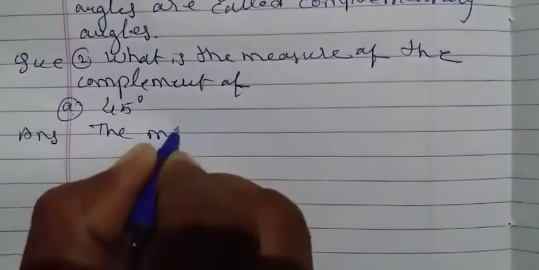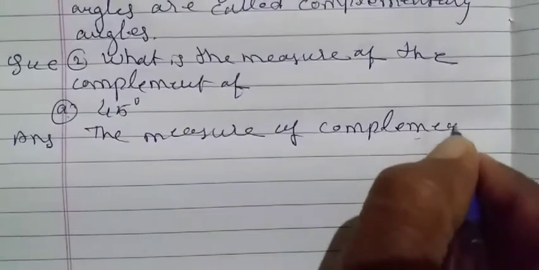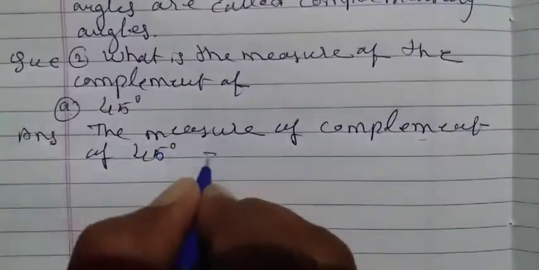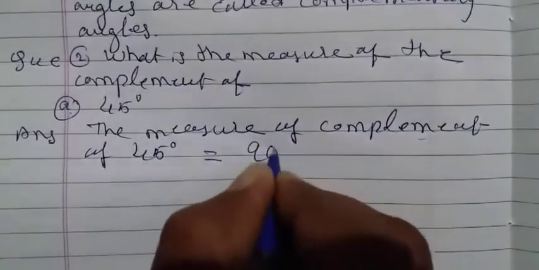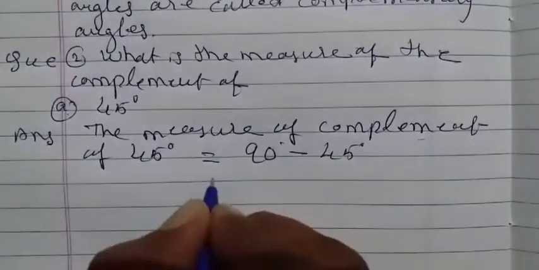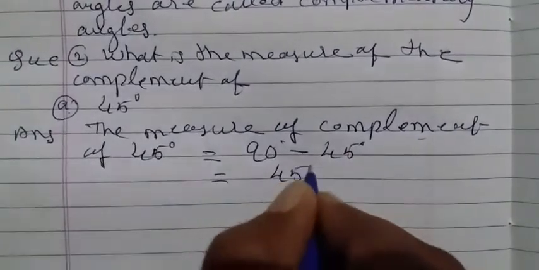See how to solve, answer for this. Answer: the measure of complement of 45 degree is equals to 90 degree minus 45 degree, that is equals to 45 degree.